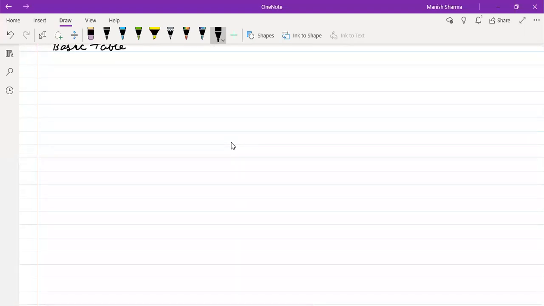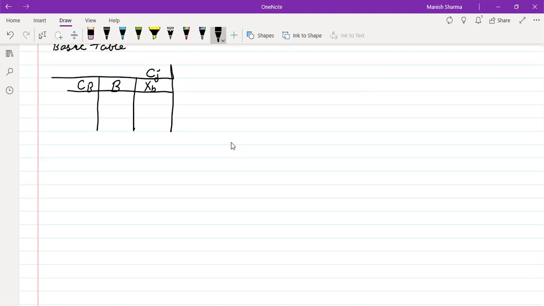What we have is first row as Cj. Then we have xb, the value of basic variable. Then we have b, basic variable. Then we have cb, coefficient of basic variable. So basic variables are s1, a1, a2.